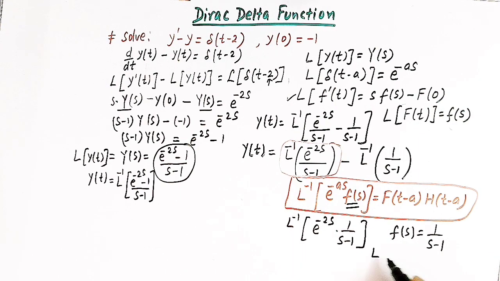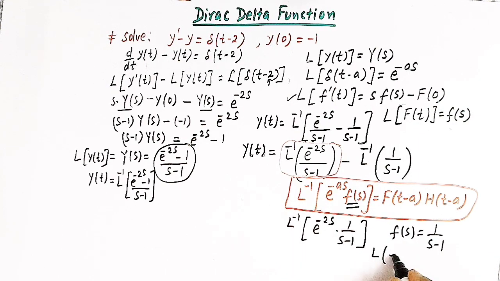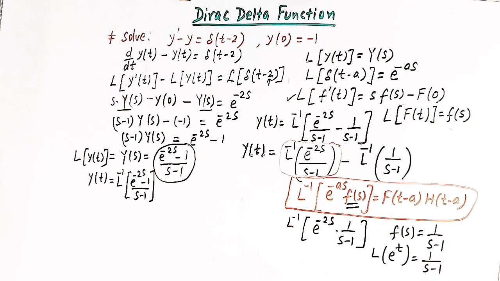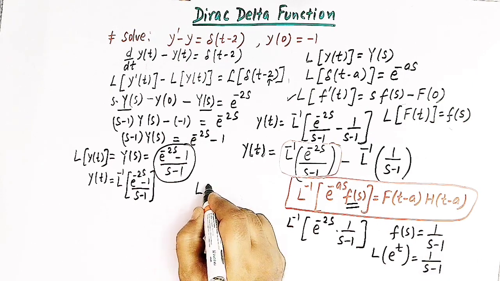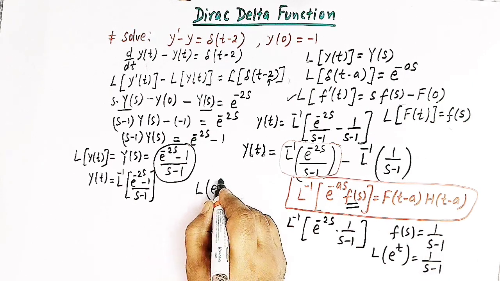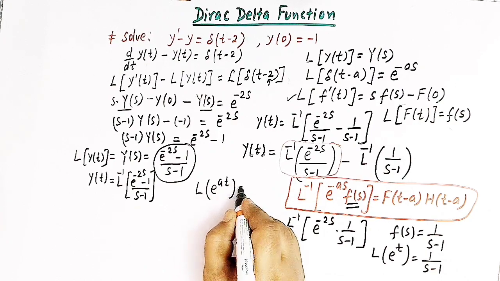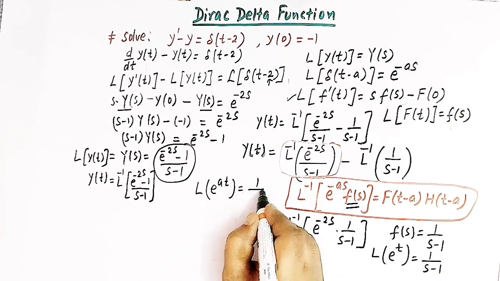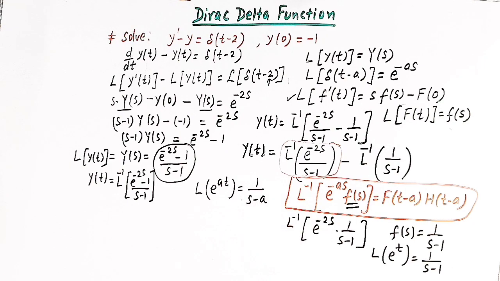Laplace transform we know that the Laplace transform of e raised to t is given by 1 over s minus 1, because we know this result, that is the Laplace transform of e raised to at is given by 1 over s minus a, right?